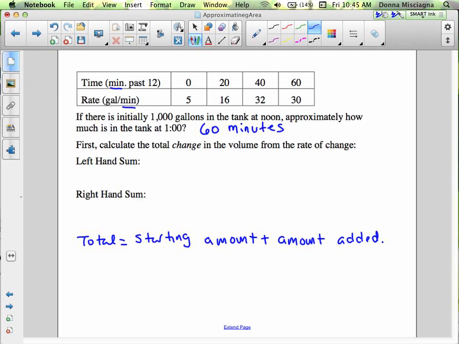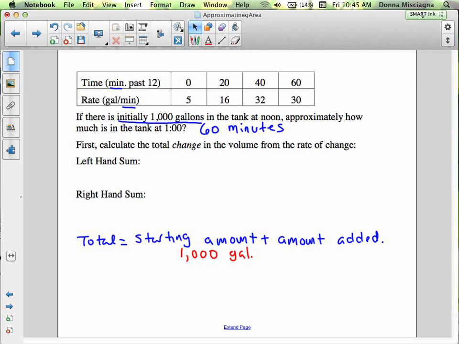We know the starting amount. It says there's initially 1,000 gallons. That's the starting amount. To find the amount added, we're going to do it twice. You usually will do this once, right? But this is our practice, so we're going to do it twice. So we're going to do a left-hand sum and a right-hand sum, right?